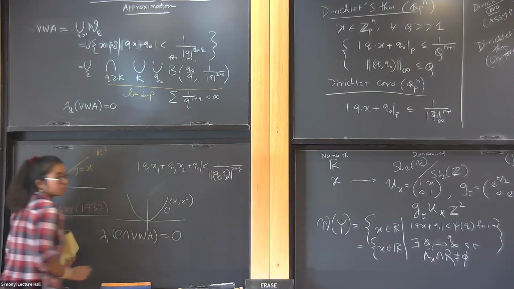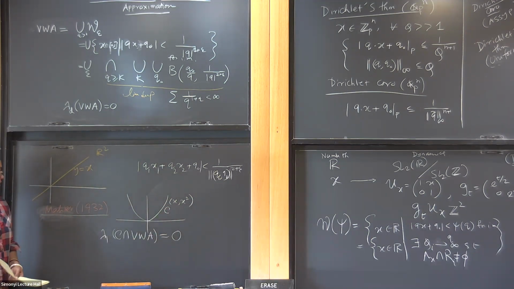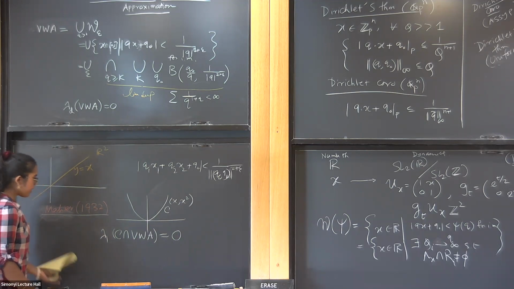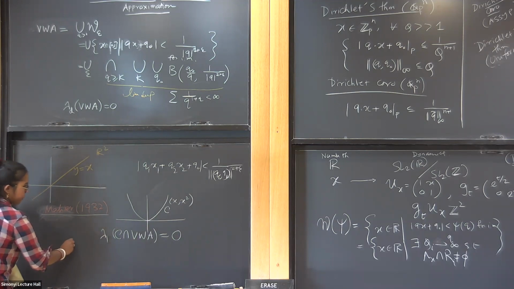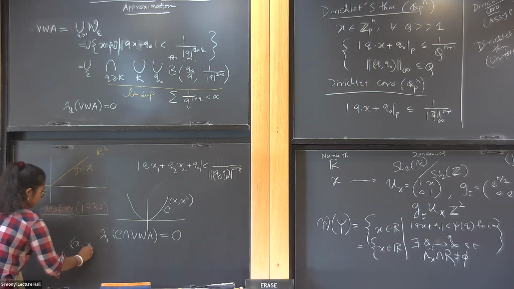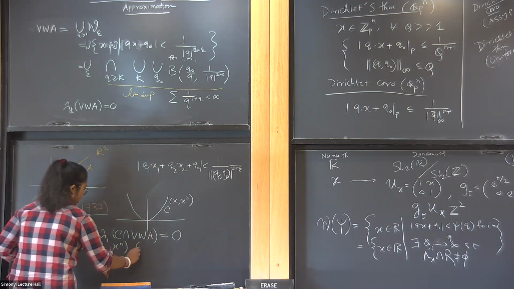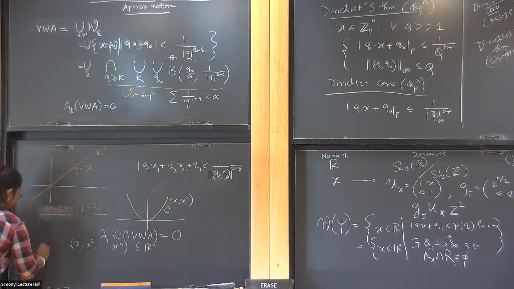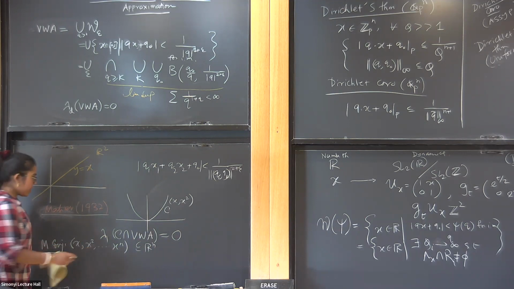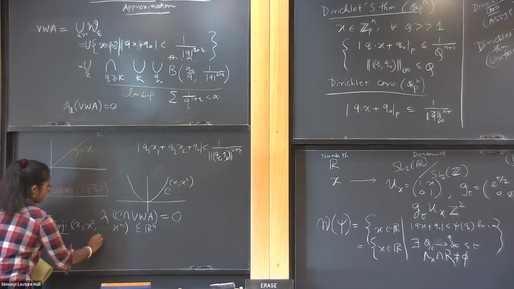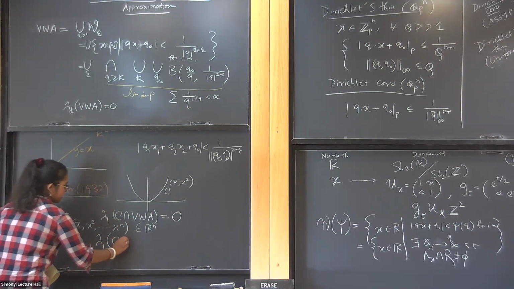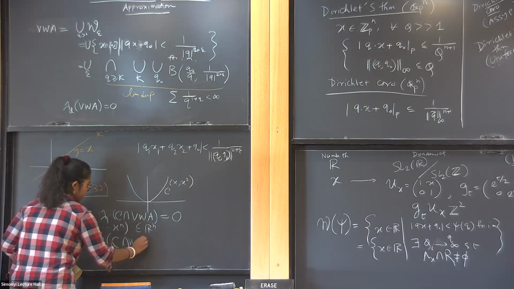I think for the parabola he actually proved it, and then he conjectured it for these kinds of curves inside Rn. So this is Mahler's conjecture: that the same thing should hold, that lambda 1 of C intersected with the very well approximable set should be 0.